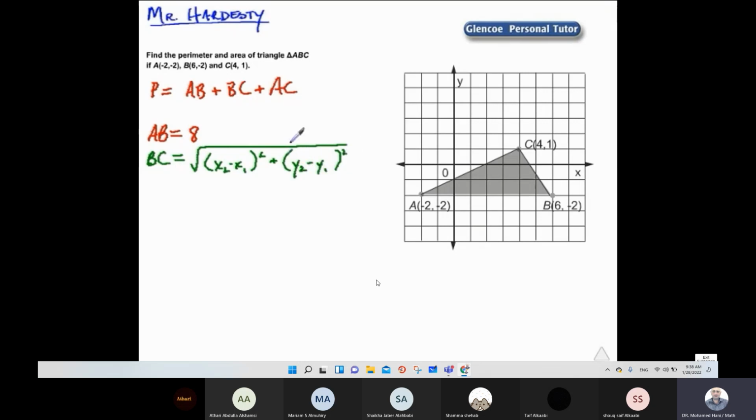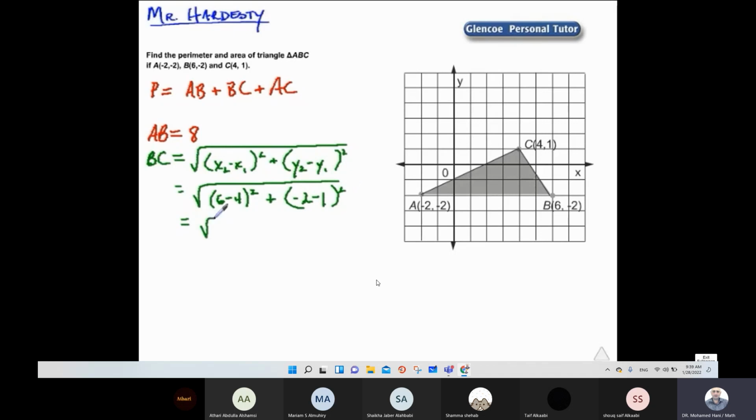Then we take the square root of that sum. We'll substitute the values for BC. The x values are 6 and 4, so we'll have 6 minus 4 squared. And the y values, -2 and 1, so -2 minus 1 squared.